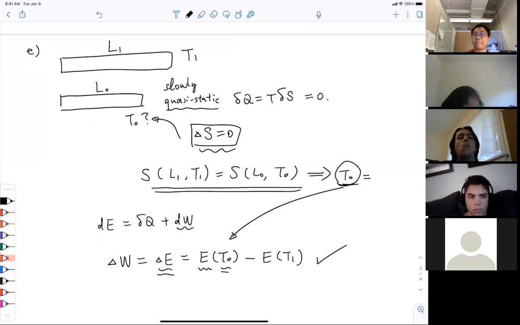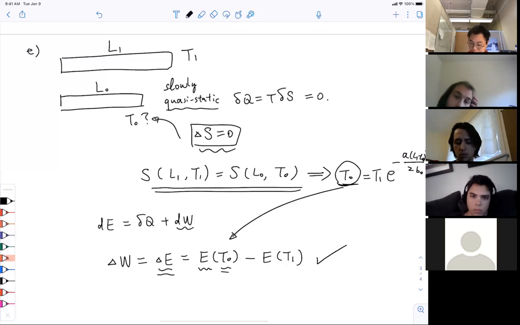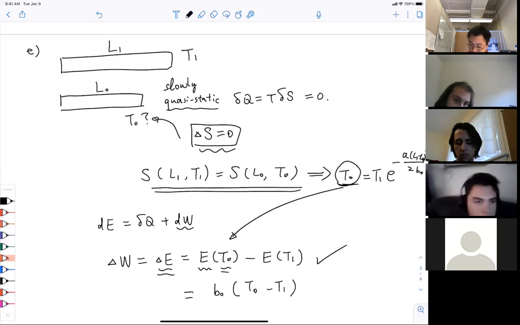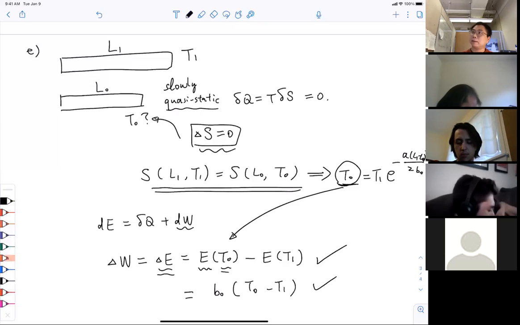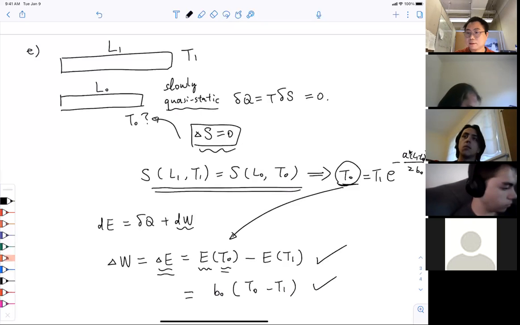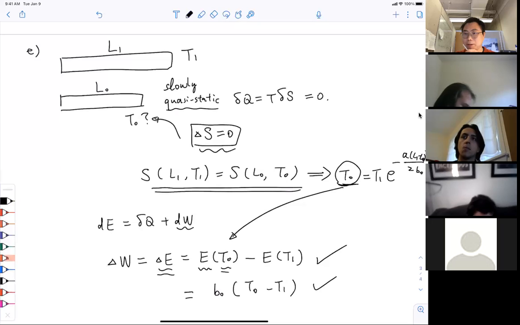It's given by T1 exponential of minus A times (L1 minus L0) squared over 2B0, and this is B0, times (T0 minus T1), something like that. You just plug in and get the result. That's problem 1. Any questions about this problem?